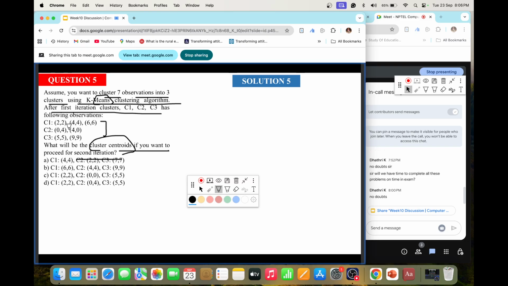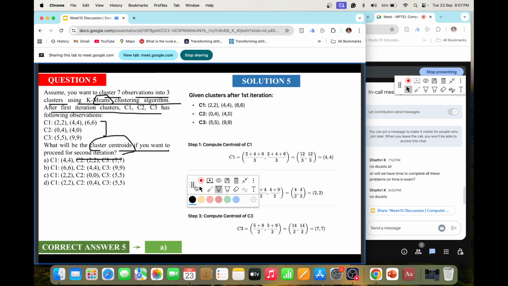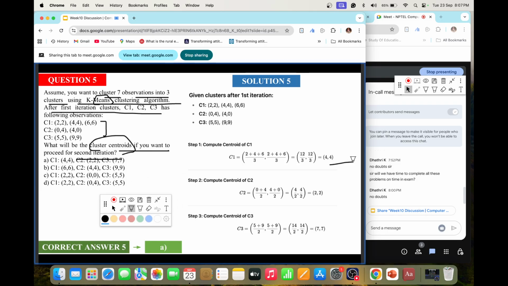Similarly, mu2 will be 0 plus 4 by 2, that is 2, and 4 plus 0 by 2, so 2 comma 2 will be mu2. Mu3 will be 5 plus 9 by 2, that is 14 by 2, that is 7, so 7 comma 7 will be mu3. These are mu1, mu2 and mu3. Option A will be your correct answer.